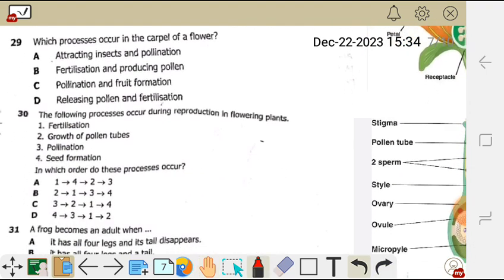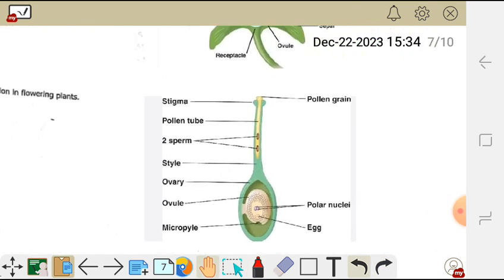Question 30. The following processes occur during reproduction in flowering plants: fertilization, growth of pollen tubes, pollination, and seed formation. In which order do these processes occur? Before we answer this question, let's look at this diagram. This is the stigma, as we already saw in the first diagram.